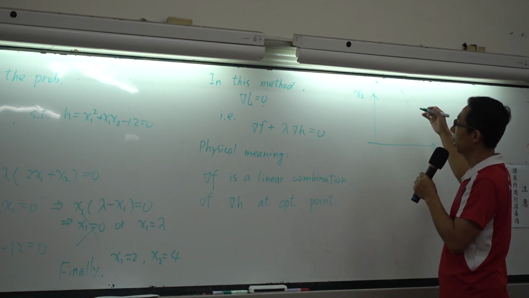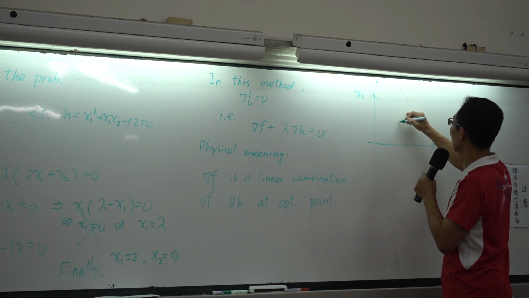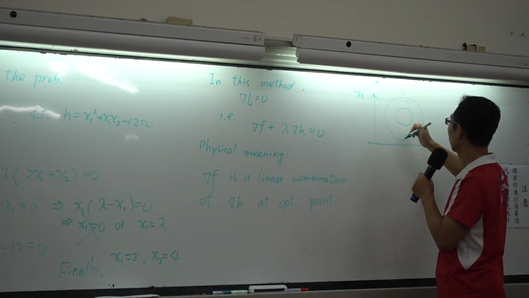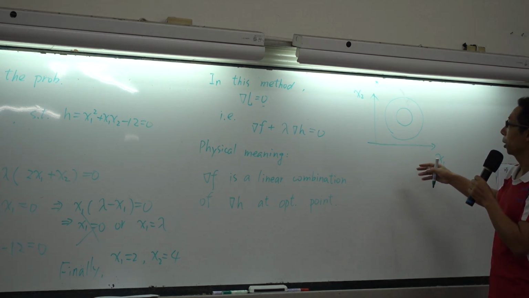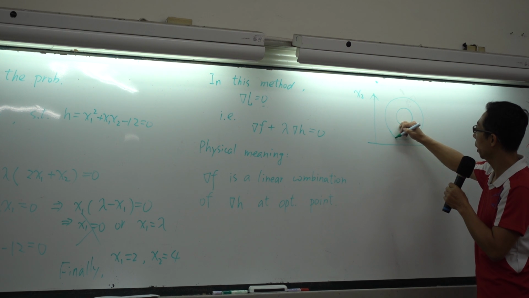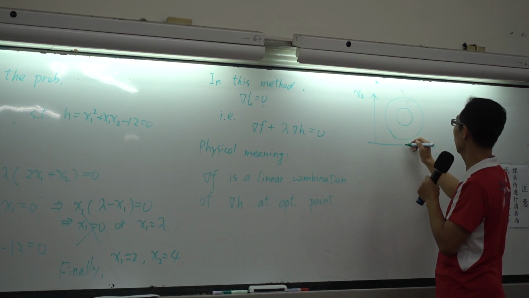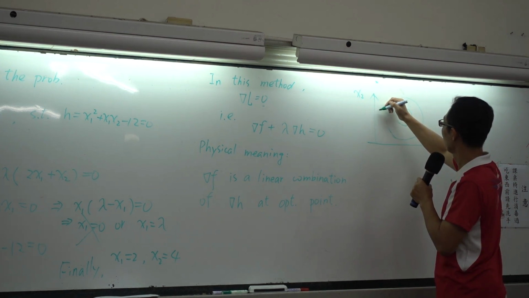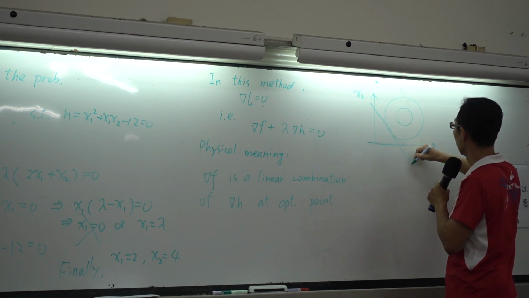Let's say f is, so suppose those lines represent the equal value lines, okay, and we try to minimize f subject to some kind of constraints, okay. So let's say, now let's make it simple, okay.